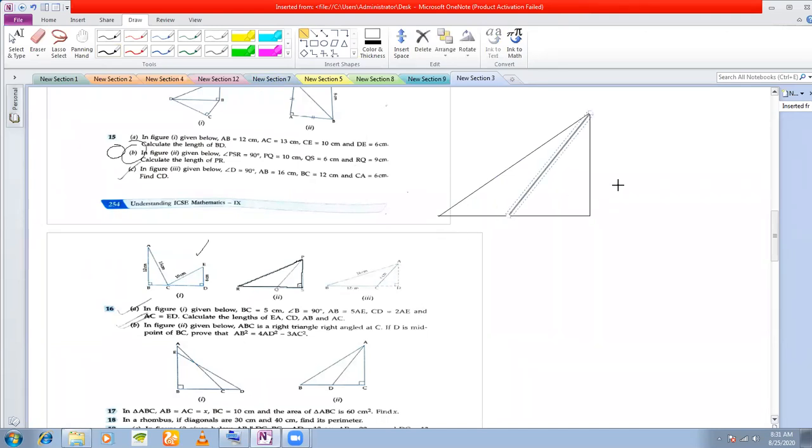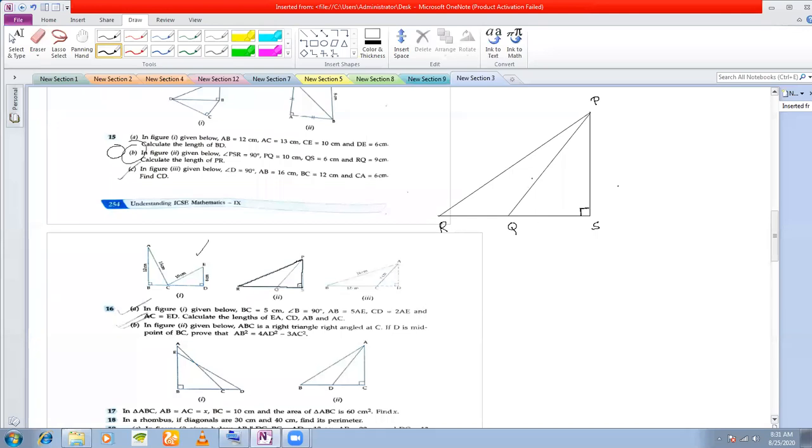This is your P, Q, and this is your S, and this is your R. It is given here that angle PSR is 90 degrees. So this is given to be your 90 degrees.